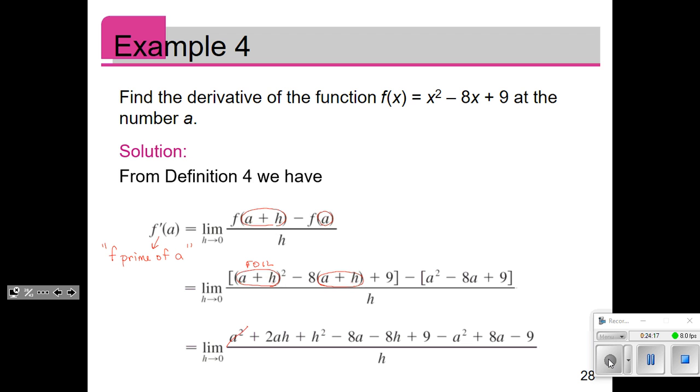So if you FOIL all of this stuff out, distribute the negative, you'll see a bunch of this stuff cancels. So like this a squared is going to cancel with that a squared. This 9 is going to cancel with that 9. This 8a is going to cancel with that 8a. And so all we're really going to be left with are those 3 terms on top. 2ah plus h squared minus 8h all over h. And you will notice here that this h will end up canceling with an h from each term.